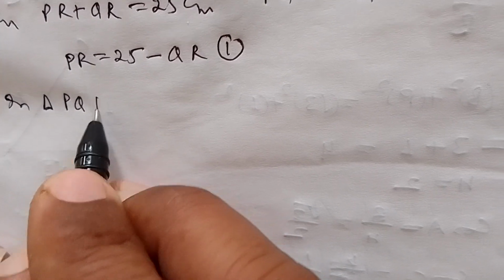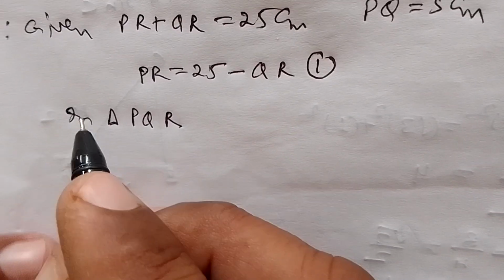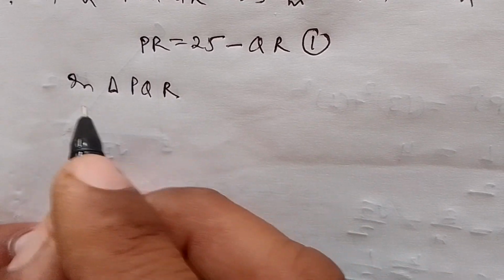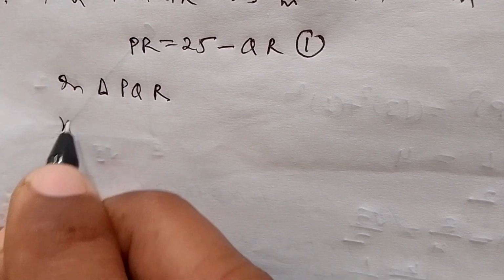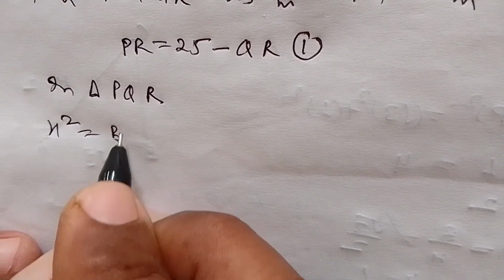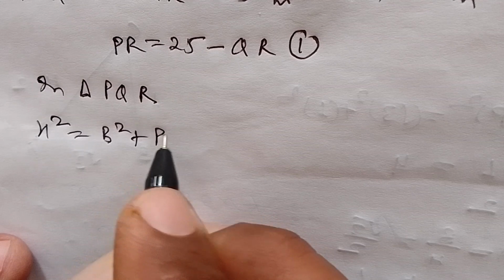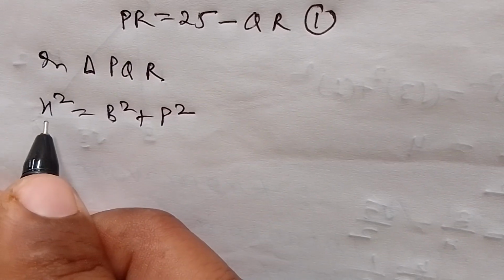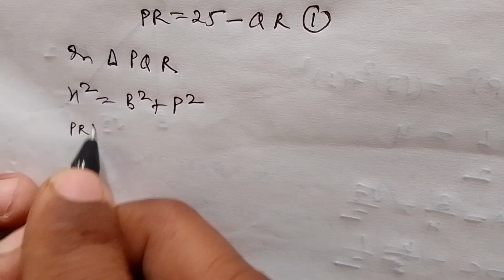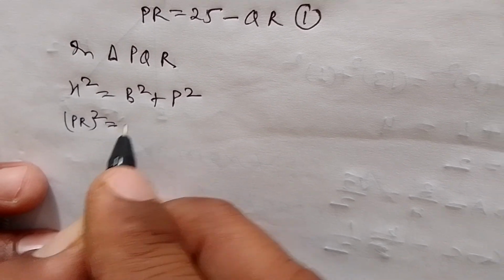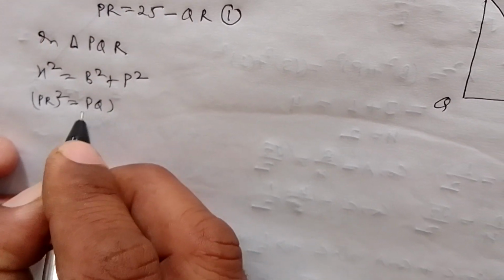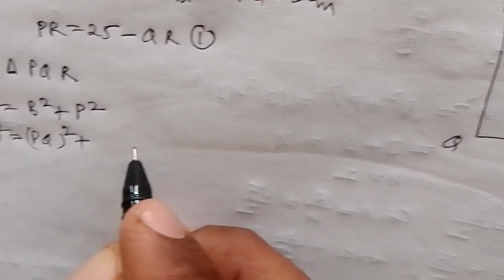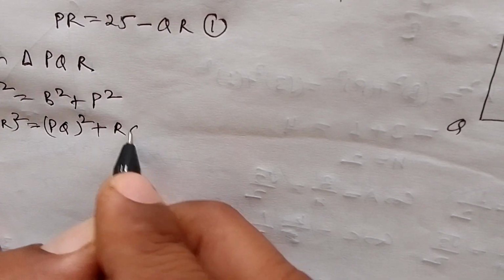In right angle triangle PQR, we can find the hypotenuse as base square plus perpendicular square. Hypotenuse is PR square, base is PQ square, then perpendicular is RQ square.